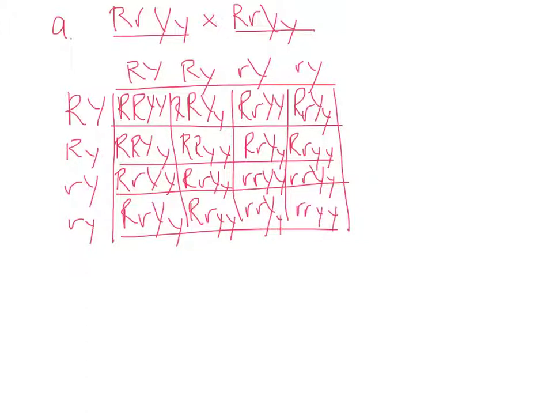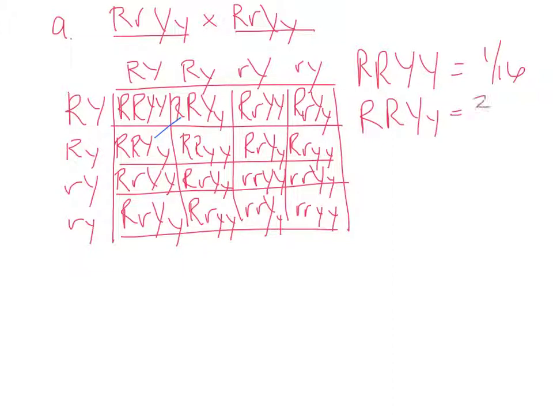Okay, and now as you see, instead of having so many out of 4 for our square, we have out of 16. So we only have one that's homozygous dominant for both. For R R Y Y, our probability is 1 out of 16. For big R big R big Y little y, we have 2 of those, so 2 out of 16.